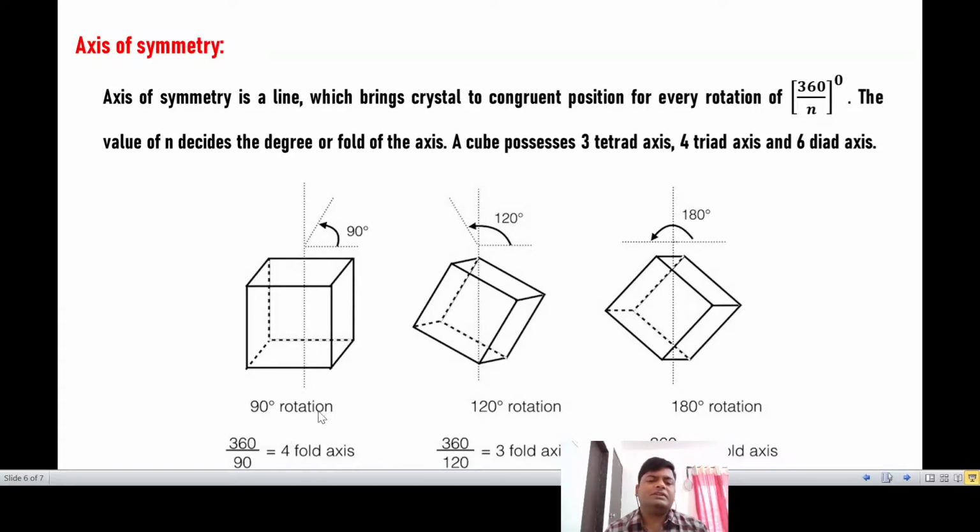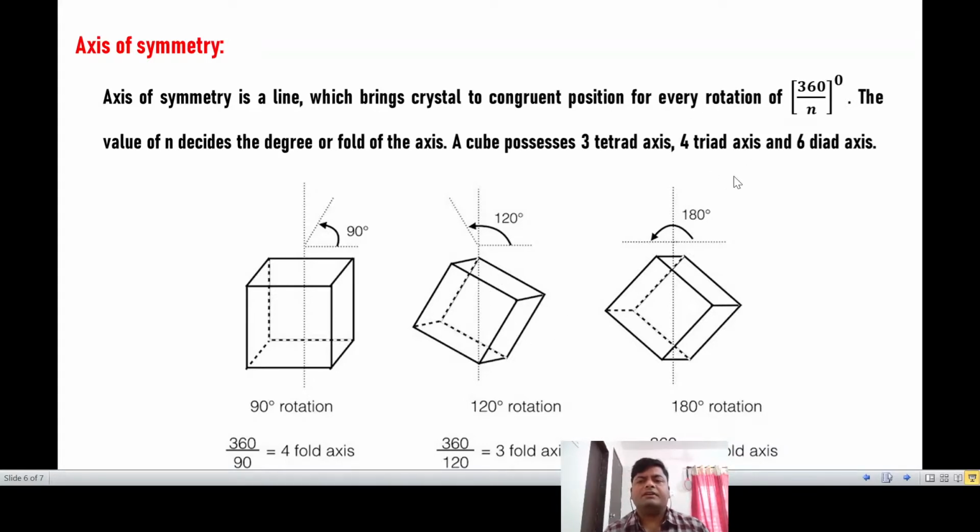Basically, there will be three tetrad axes. For triad axes, these generally pass through opposite corners. Totally eight corners are there, so four axes can be drawn.